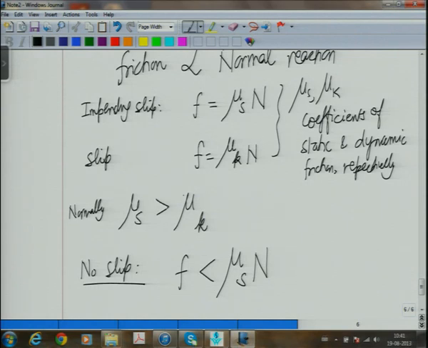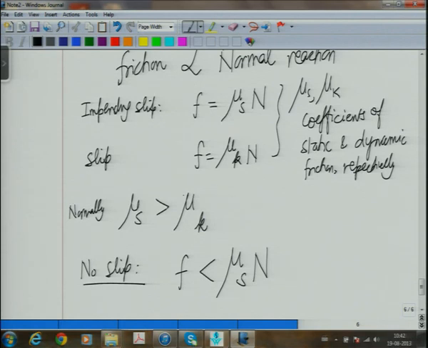This is what will reflect in the problems which we solve, that often even in a case of no slip, we find people applying and writing F is equal to mu N. This formula has been ingrained in our heads, but actually it is valid only for slip or impending slip.